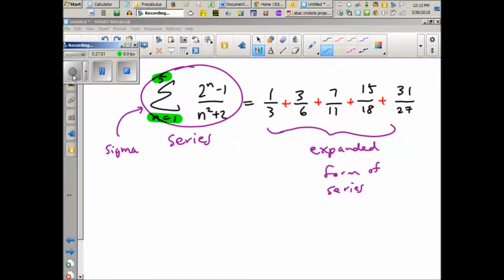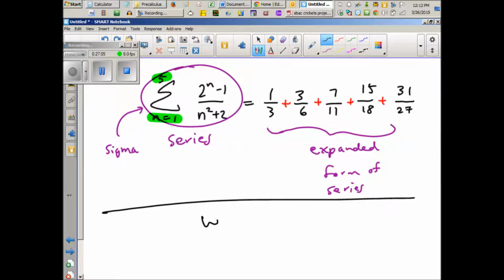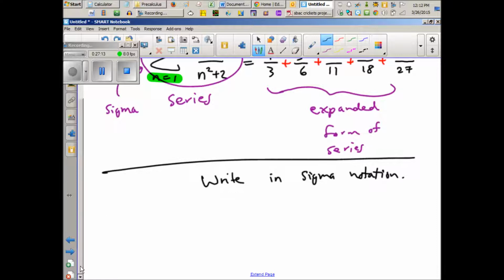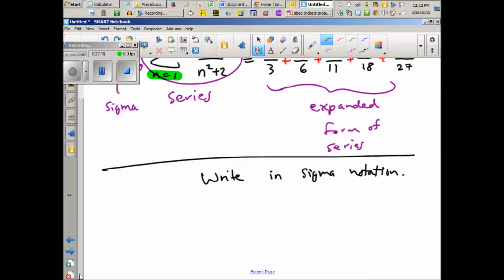If you need to work backwards, let's say you have a series that looks like this, and it says write in sigma notation. Then you would try to figure out the pattern in the numbers. Let's say you're given 1 over 2, so your numerators are 1, 3, 5, 7, and we're adding here, not using commas, so we use pluses like this.